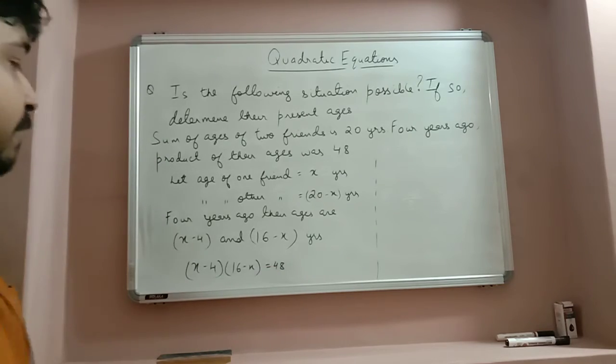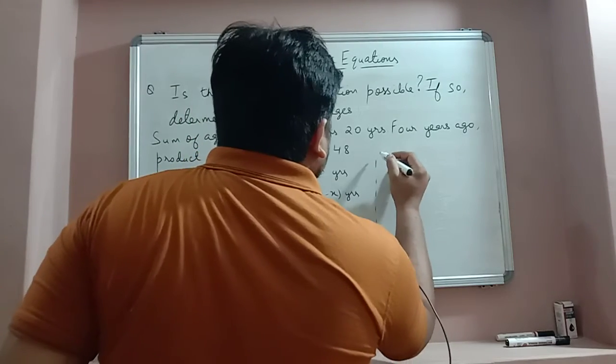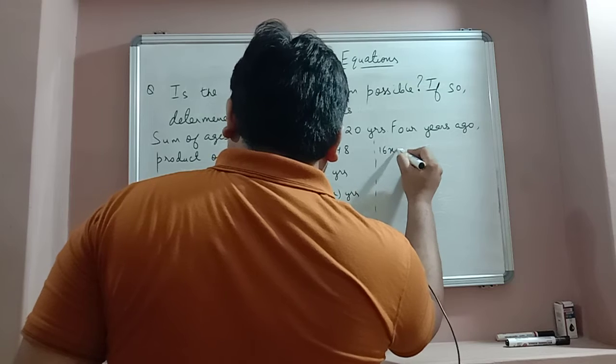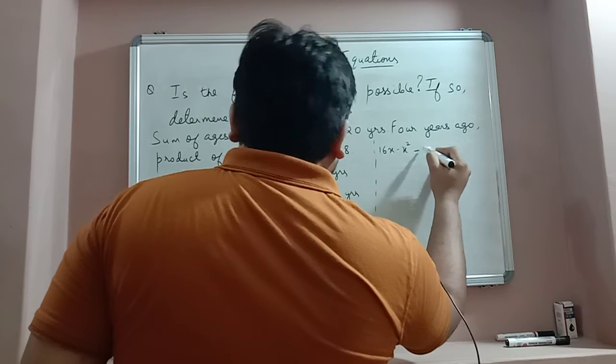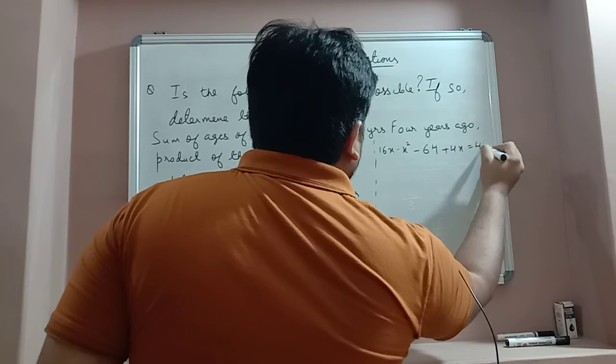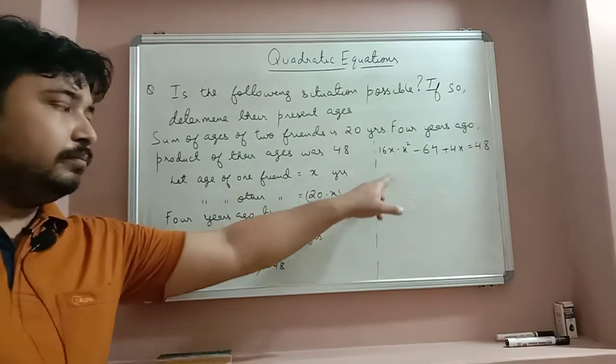Let's try to solve it further. So this becomes 16x minus x square minus 64 plus 4x equals 48. Now let's convert this into the standard form.